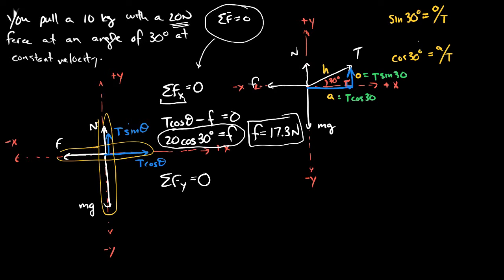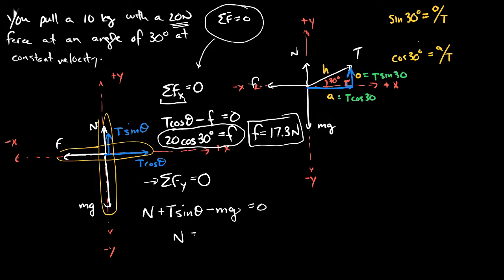So let's do the y. That's where the normal force is. I have two forces upwards. Normal force plus T sine theta. Those are upwards. But then weight is downwards, minus mg. This is going to equal 0. If I want normal, I'm going to isolate it.